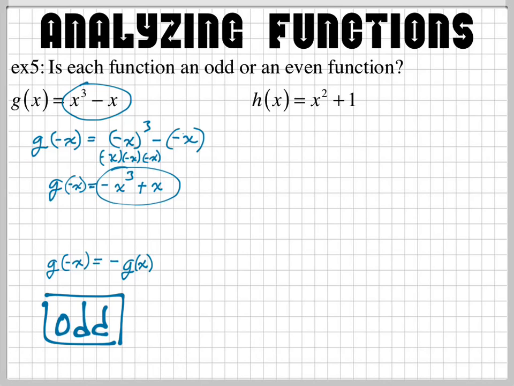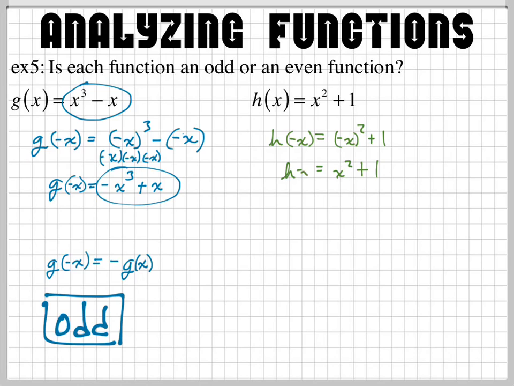Now, let's see what an even function looks like. You take the h function, we plug in a negative x. Now, if it's even, then you should get the same result. And some of you guys see it really quick. You should get the same function, the same rule. Negative x squared will be x squared, right? Because a negative times a negative is a positive. And then we go plus 1.